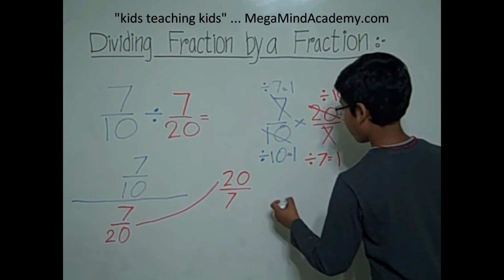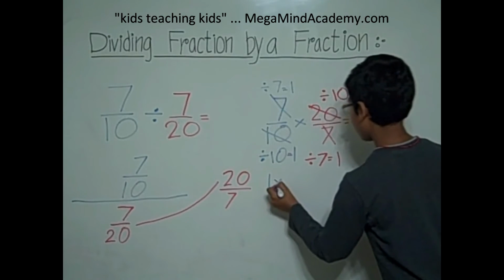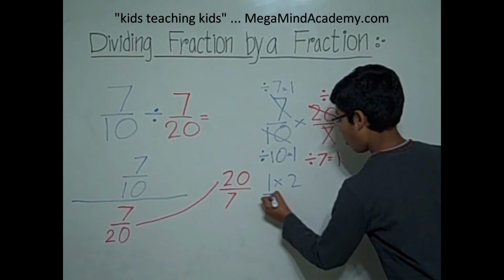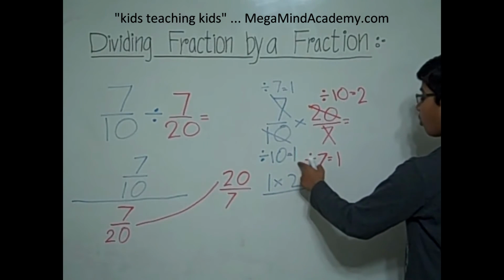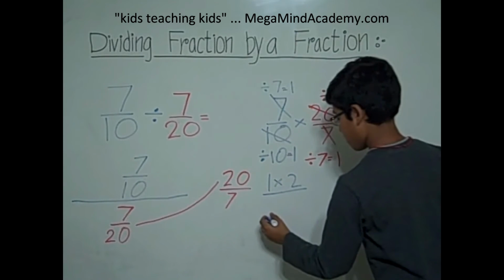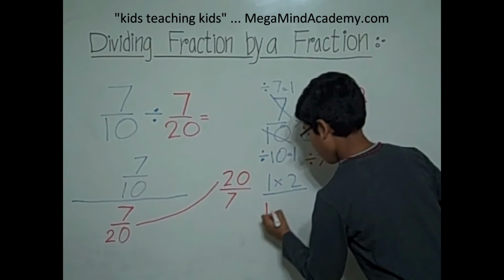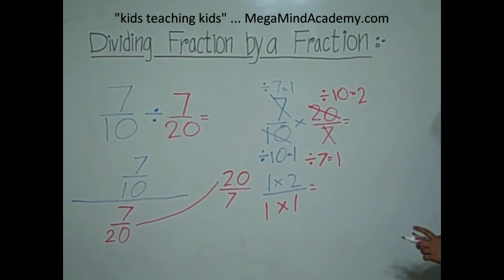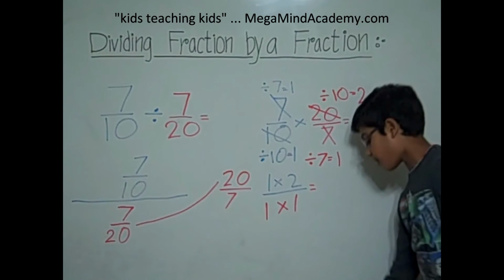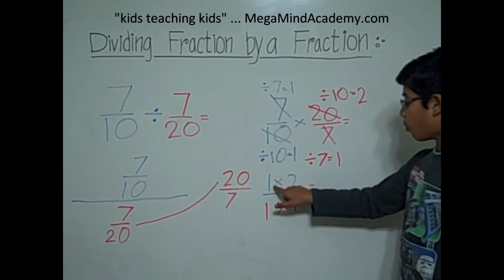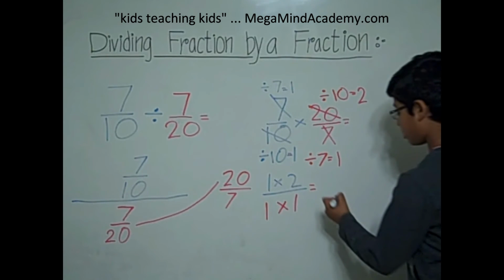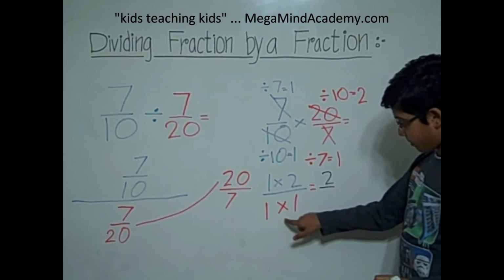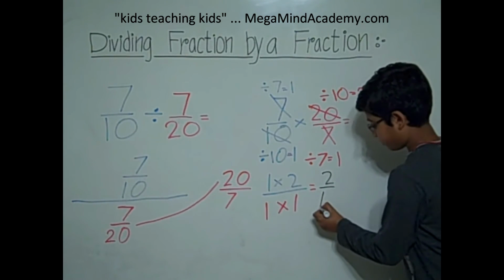So now we have 1 times 2 over 1 times 1, is equal to. So, let's first multiply the numerators. 1 times 2 is equal to 2 over 1 times 1, which is equal to 1.